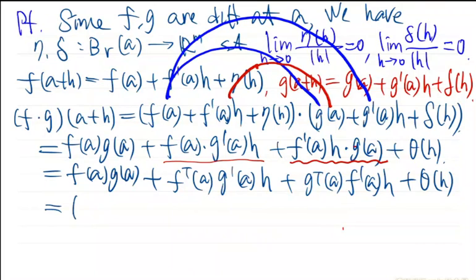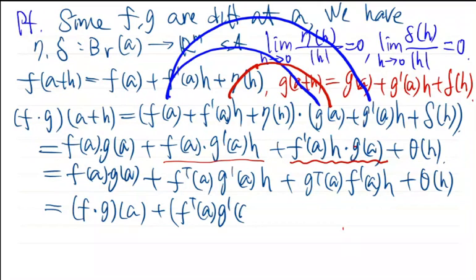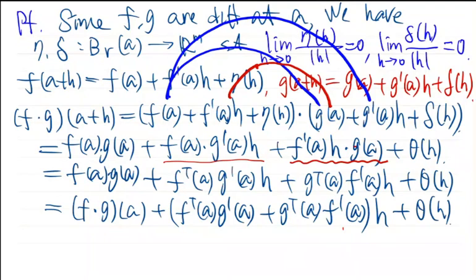It is the value of the inner product function f·g at the point A, which is f(A)·g(A) plus f'(A)h·g(A) plus g'(A)h·f(A), then h, then theta h.